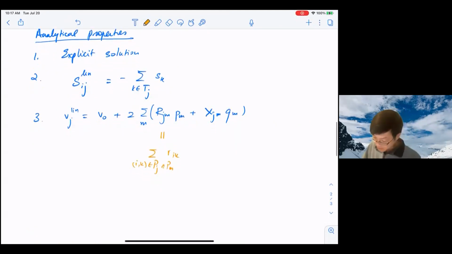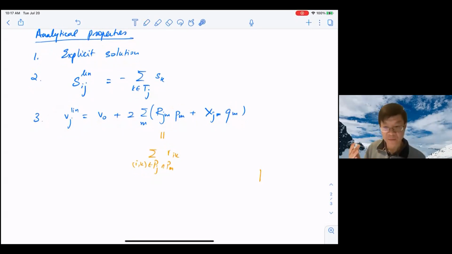So you look at j and m. First of all, what does this mean? It means that the voltage at node j depends on the injections at other nodes, the real power injection and the reactive power injection P_m and Q_m at other nodes m.